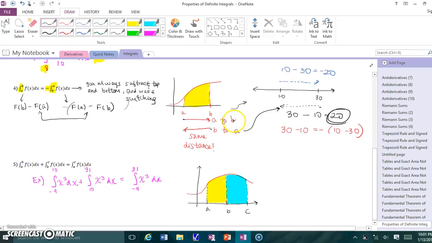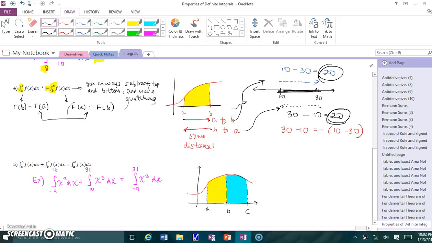If instead now you go from 30 to 10, so 10 minus 30, it's the same exact distance, but 10 minus 30 we all know is negative 20. So it's the opposite, same distance but opposite. Okay, so again, if you switch the lower and upper limits, it's the same answer but opposite.